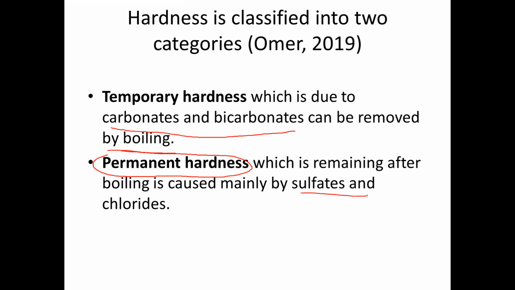We call it permanent hardness because it stays all throughout our water supply system. As it mixes with calcium and magnesium, it could also cause scaling.